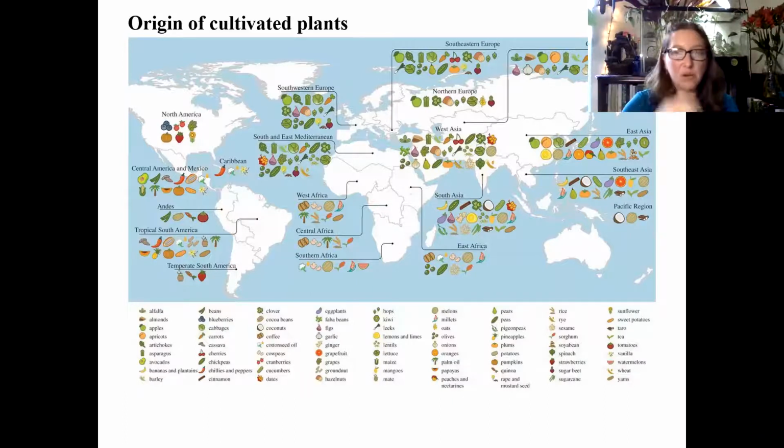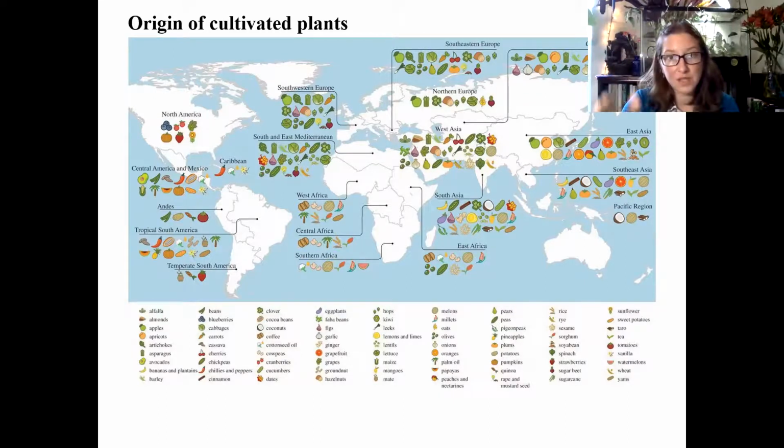Let's say you eat a rice and you're like, I don't really like this rice so much. Then you eat another rice and you're like, ooh, this rice tastes way better. So you'll probably cultivate that type of rice and try to mimic that type of rice over time. That's what we mean by cultivation and domestication.